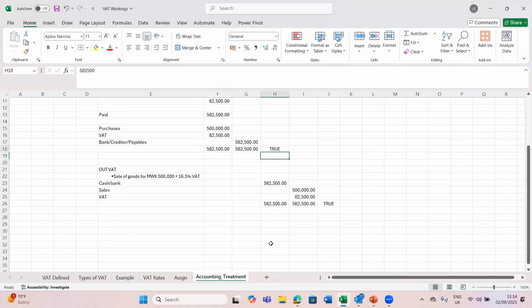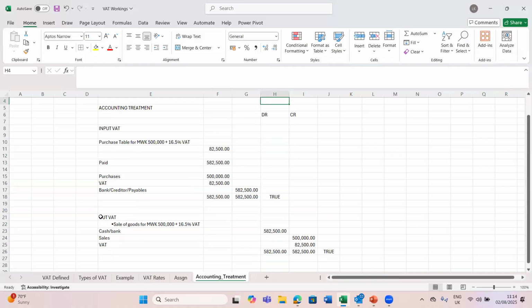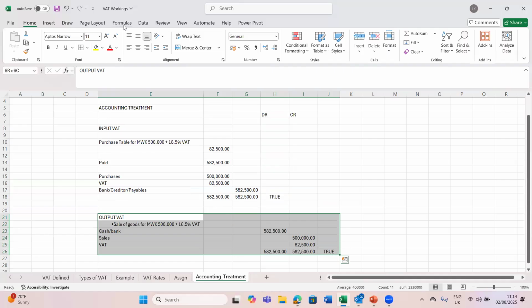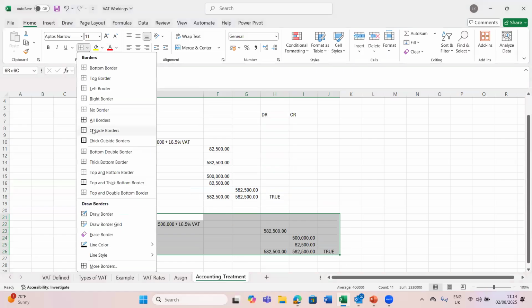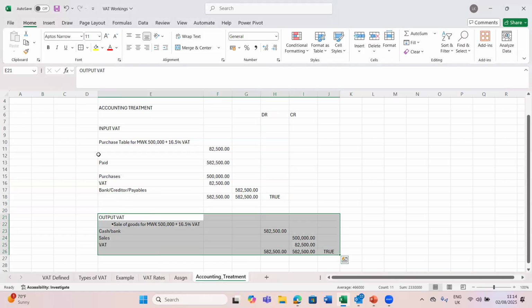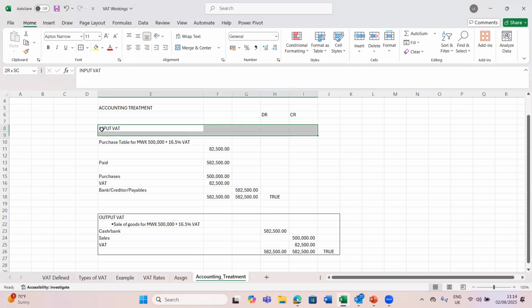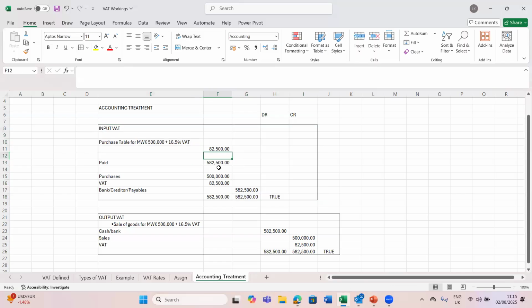This is the double entry. For the output VAT, this is what happens. For the input VAT, this is also what happens. All right.